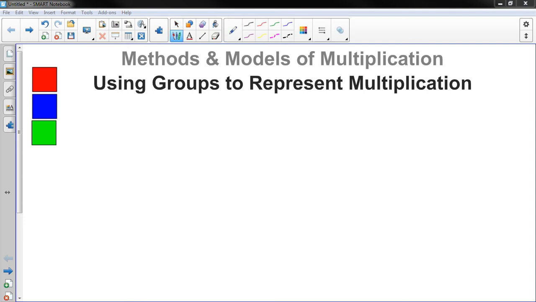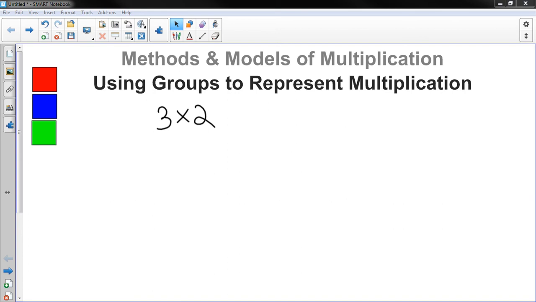Let's say we have a problem. For example, 3 times 2. And you may know the answer to this already, but I'm going to ask you to build a model of that. So 3 times 2. And one way to solve this is to put them into groups.